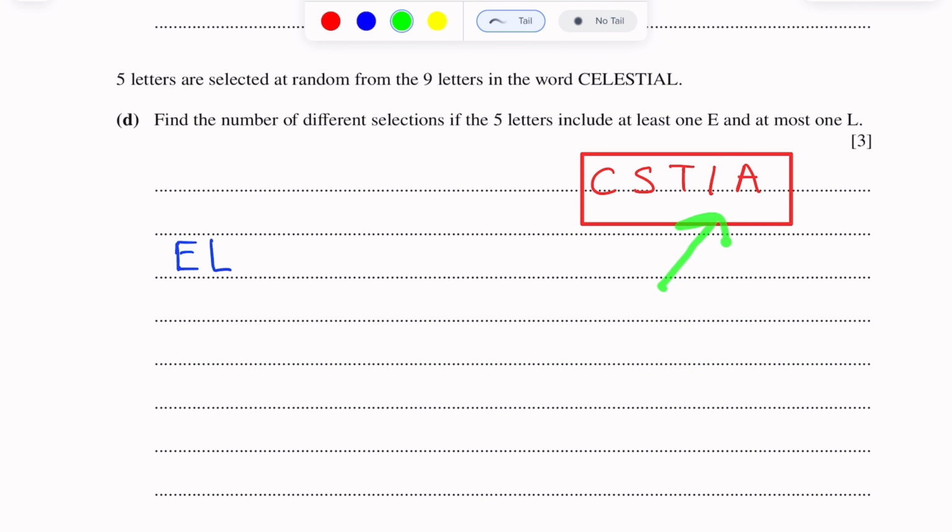So we write 5C3, which is 10. There are 10 ways when we are taking one E and one L.